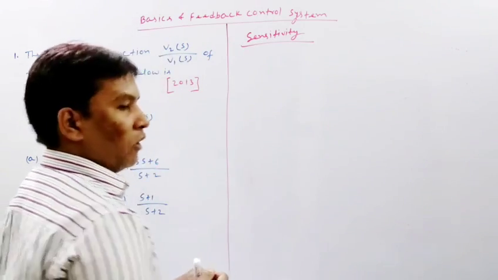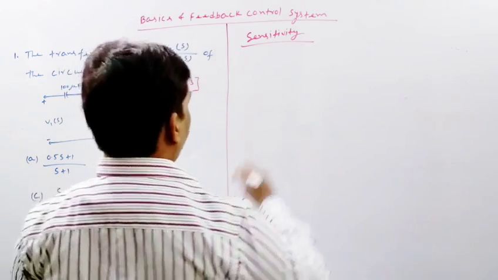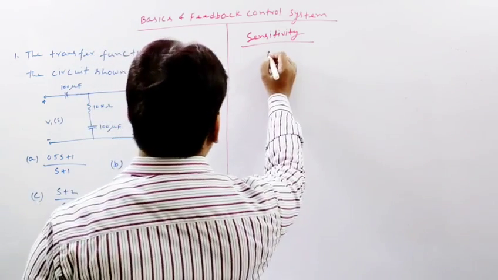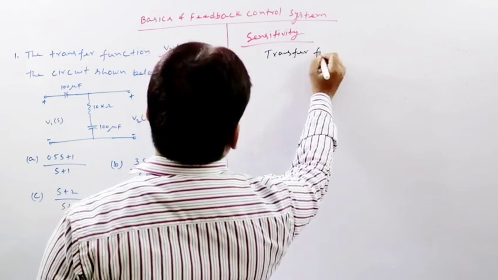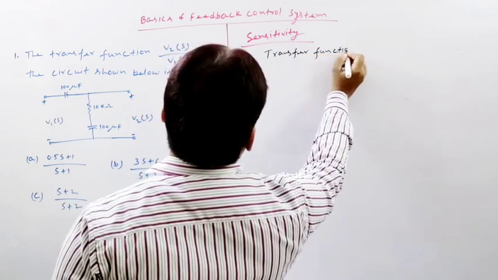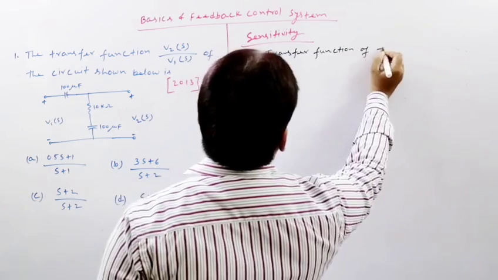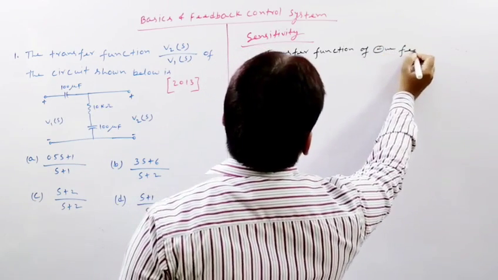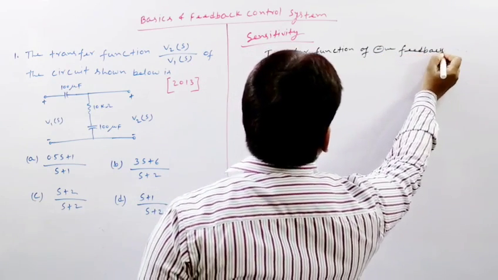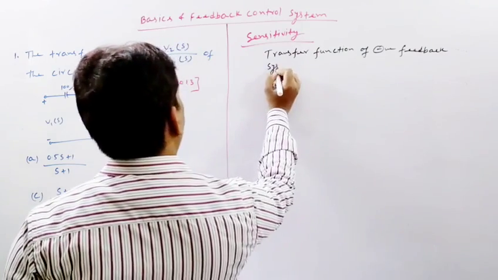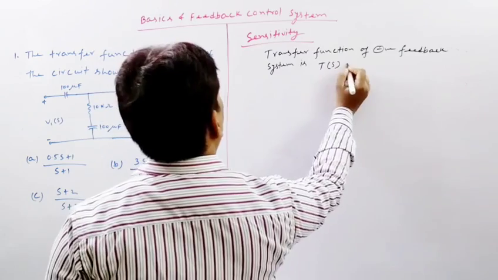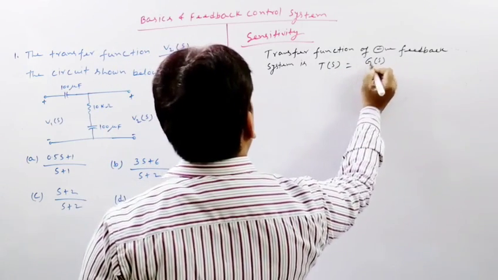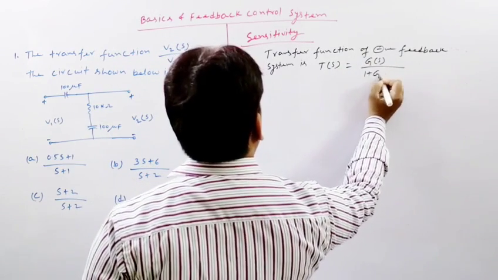The transfer function of a negative feedback system is T(s) equal to G(s) divided by 1 plus G(s) into H(s).